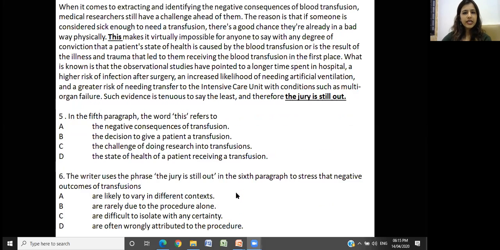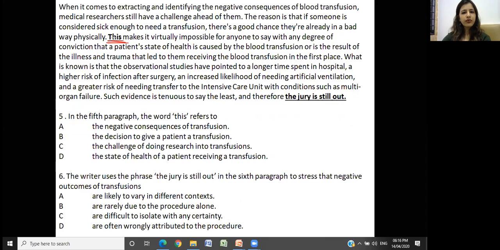Okay, so these are question types which are slightly different from attitude and opinion questions. You will always have such questions in reading part C, where there is one reference question, a reference link question, which means words like this, it, the, such will be used.